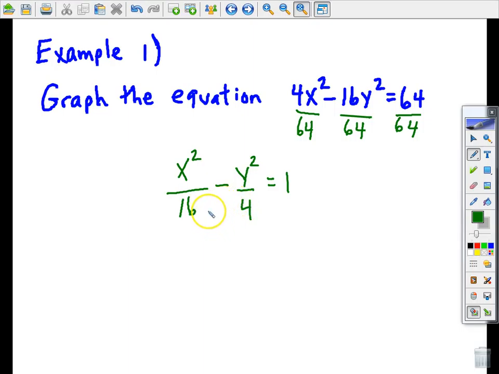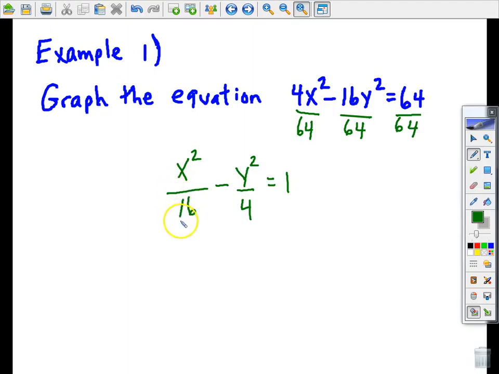Here is a big difference between ellipses and hyperbolas. As far as the denominators go, for a hyperbola equation, this first denominator is always a squared. The second denominator is always b squared. The denominators never change. They're fixed.